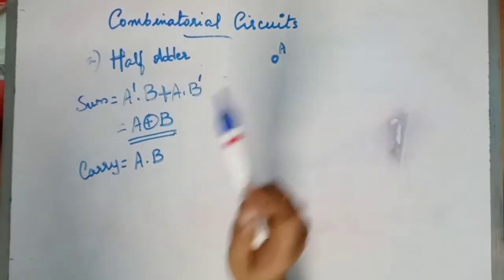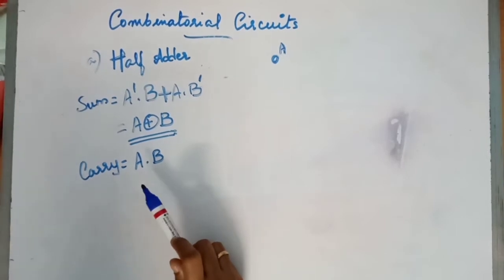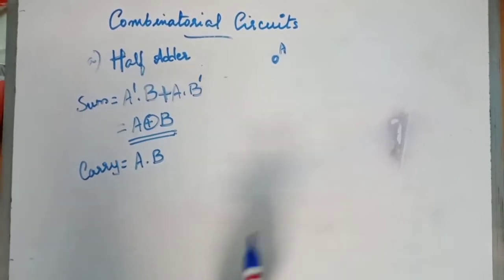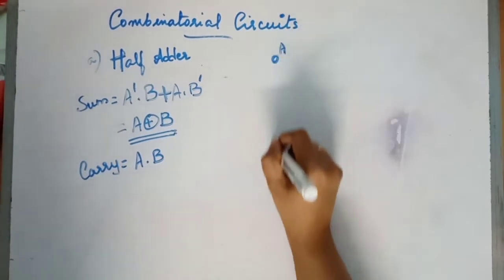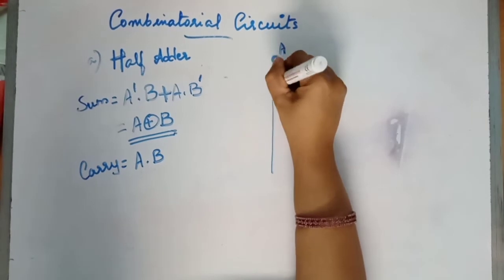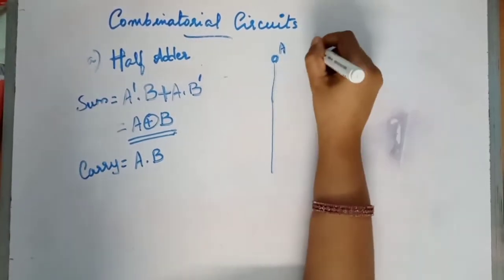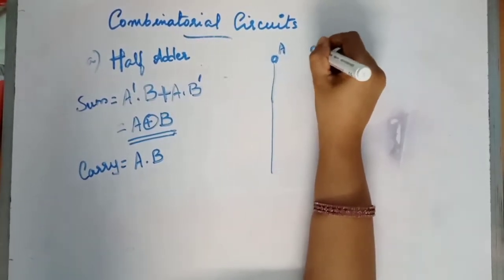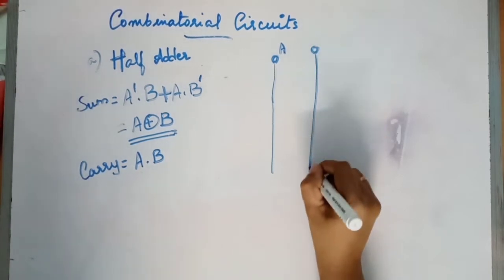And for carry, again, if they don't specify NAND only or something, you can go for an AND gate. So here I'm going for just an XOR gate. I don't need a complement.